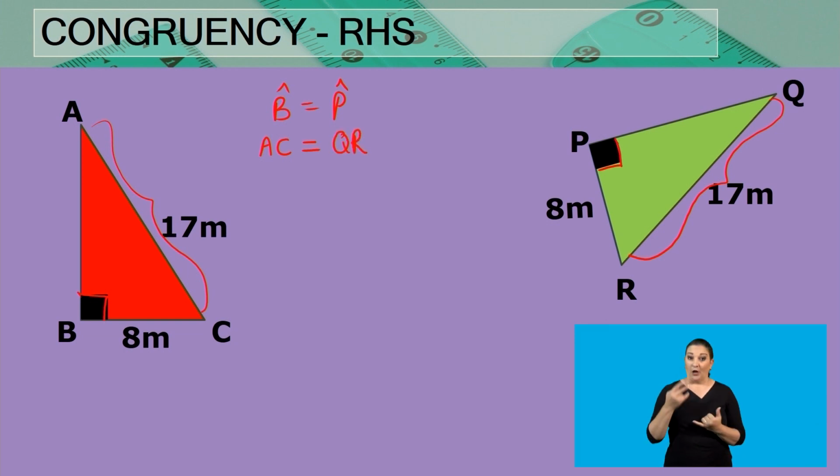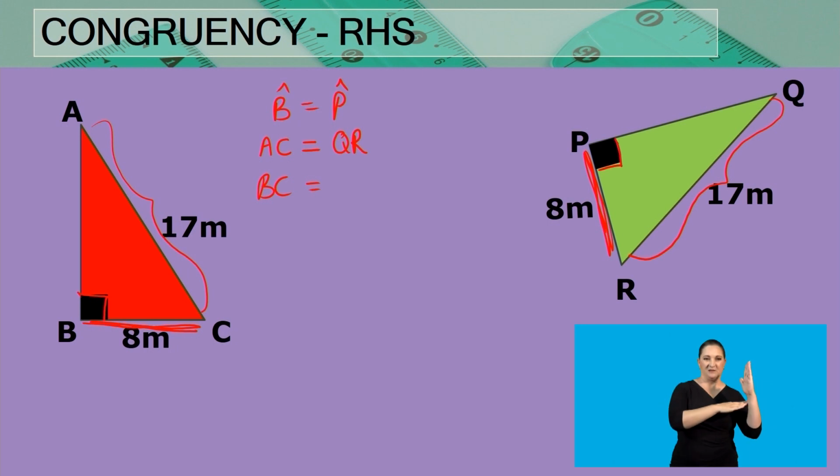And then we can see that we have a side that is corresponding in length as well. We have BC, and that is equal to PR. So that means that these two triangles are congruent.